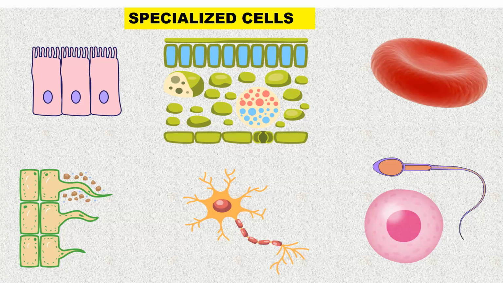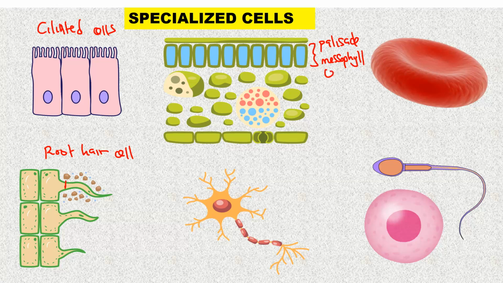So the first one, as you can see, is the ciliated cells. Then we have root hair cells. Then these that are here are called palisade mesophyll cells.